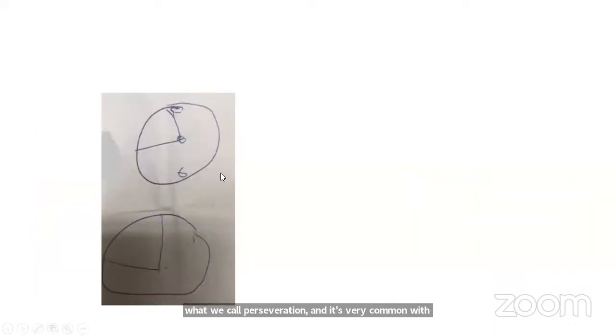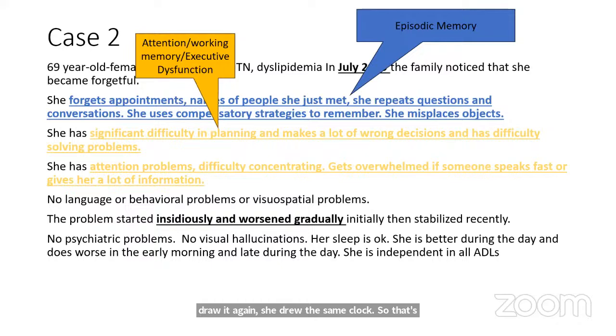Again, when I asked her to draw the clock, she put the hands wrong. She did not complete it. A lot of attentional issues. She realized she had a problem. It was not clear. But then when she tried to draw it again, she drew the same clock. So that's another sign of perseveration.